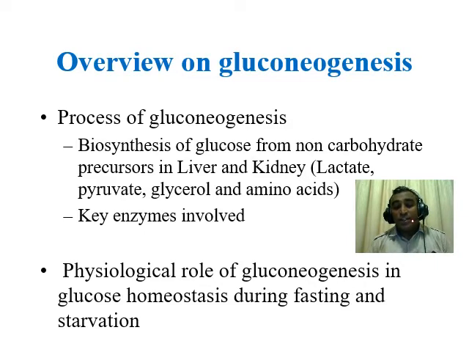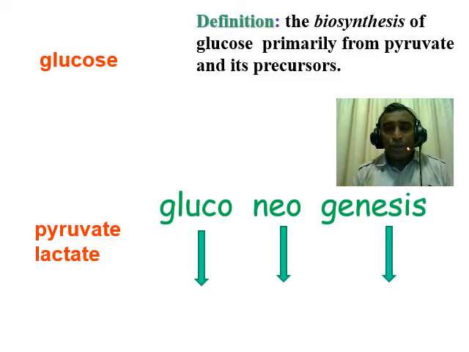And then, what is the purpose of gluconeogenesis? That is to make glucose in our body during fasting and starvation conditions in general. So you have here the definition of gluconeogenesis.